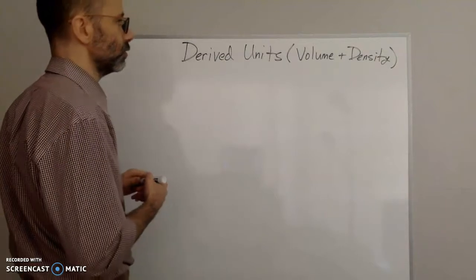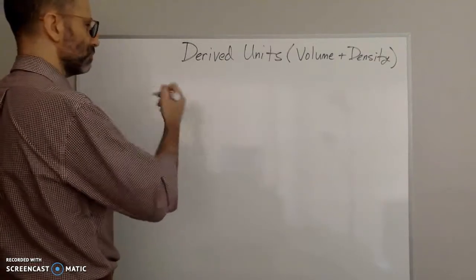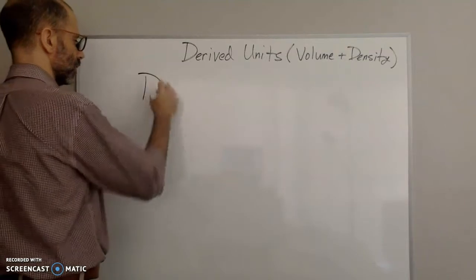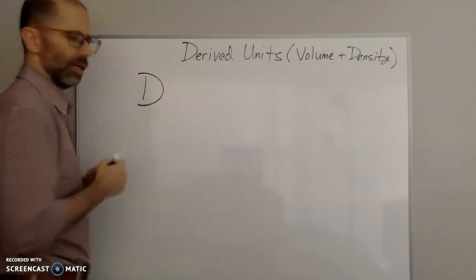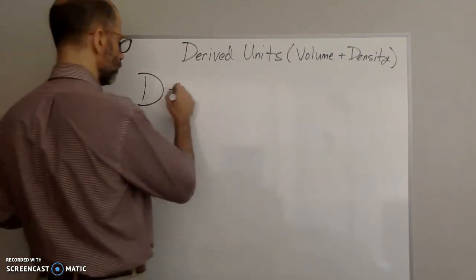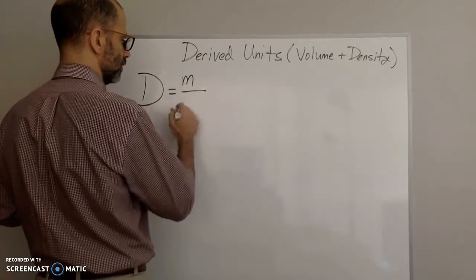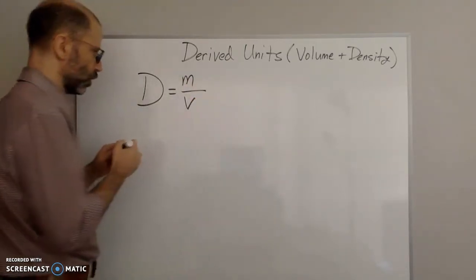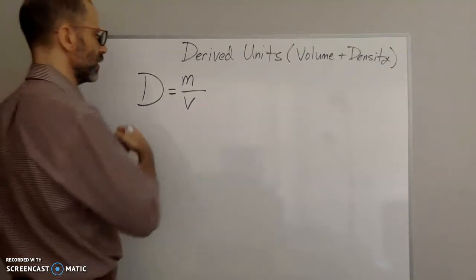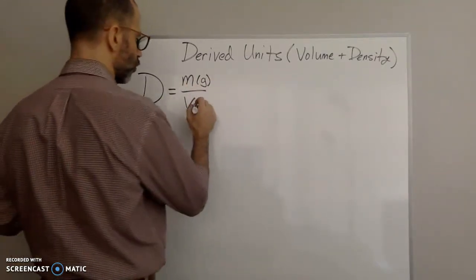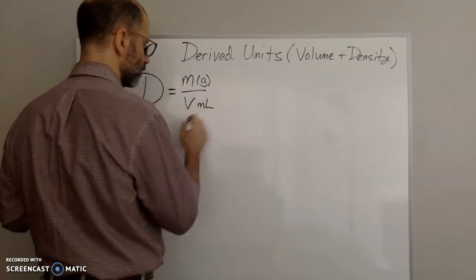So with regard to derived units, we'll look at density. So density is equal to mass over volume. So mass could be in grams, volume could be in milliliters.